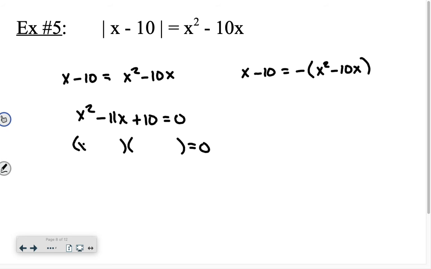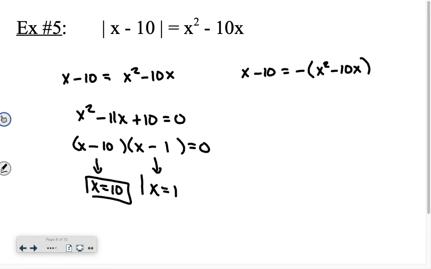We end up with x minus 10 and x minus 1, which means x equals 10 is one possible solution. X equals 1 is another possible solution. And then we still have to go to the other one and solve the second equation.